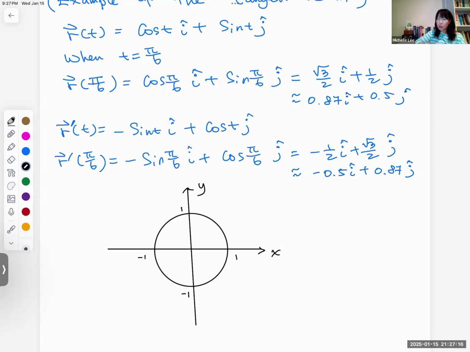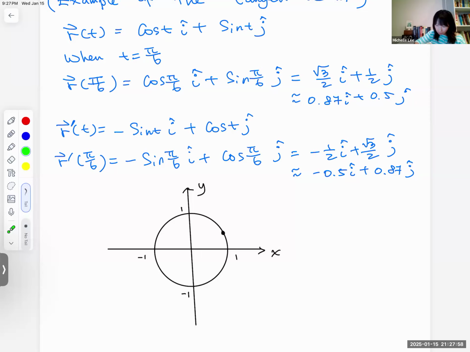Okay, so r of pi over 6: 0.87, a little bit less than 1, and then 0.5 here.